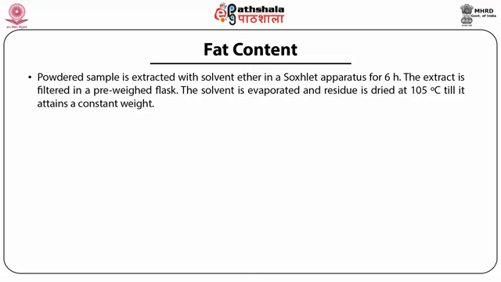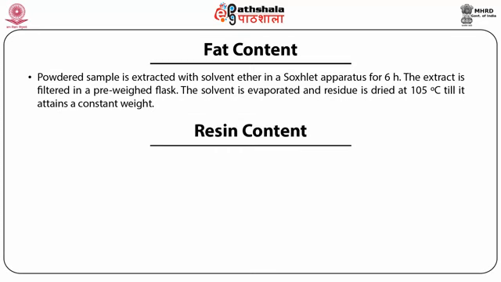The solvent is allowed to evaporate and the residue is dried at 105 degrees Celsius till it attains a constant weight. The final weight compared to the weight of the sample taken gives the fat content, because the solvent, ether or petroleum ether, gets the fat out of the sample.